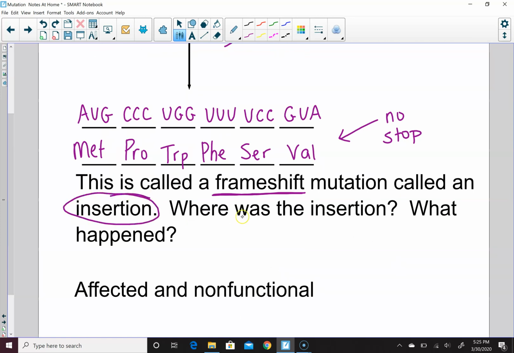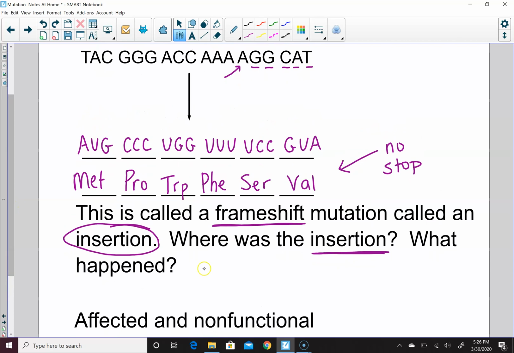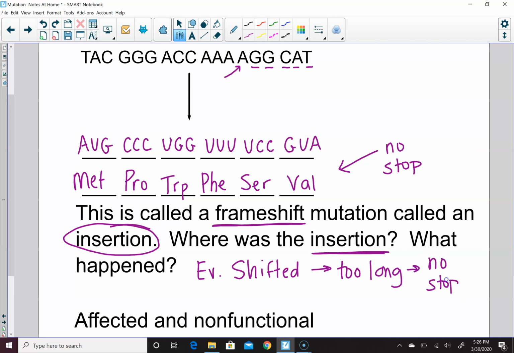I know that because I showed you where I added that A. Once again, we added. What happened? Everything shifted. And because everything shifted, now my protein is too long, because I do not have a stop codon. My one little teeny weeny mistake really screwed everything up. So my protein is absolutely affected, way too long, totally non-functional.